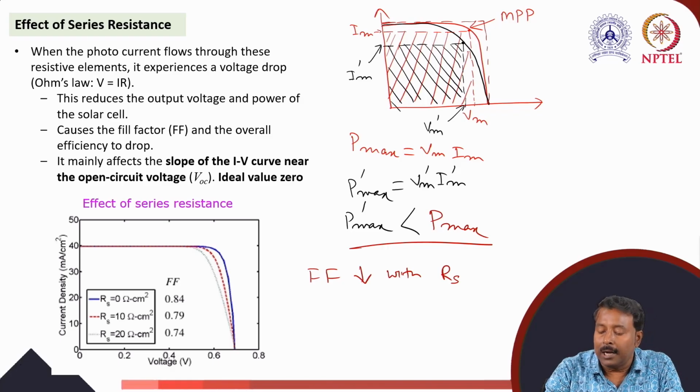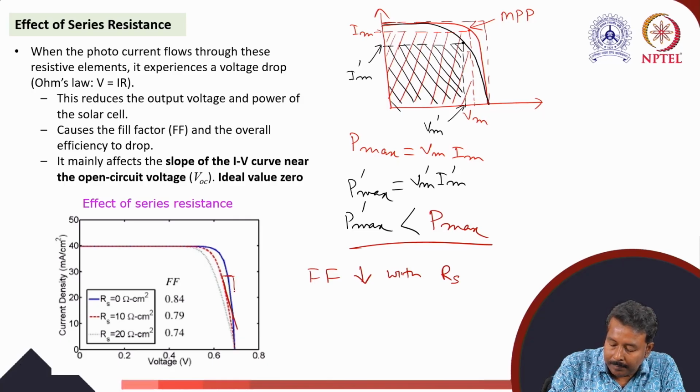And the slope of this curve near this point, if you take the slope here, delta I by delta V, this gives you 1 by Rs.